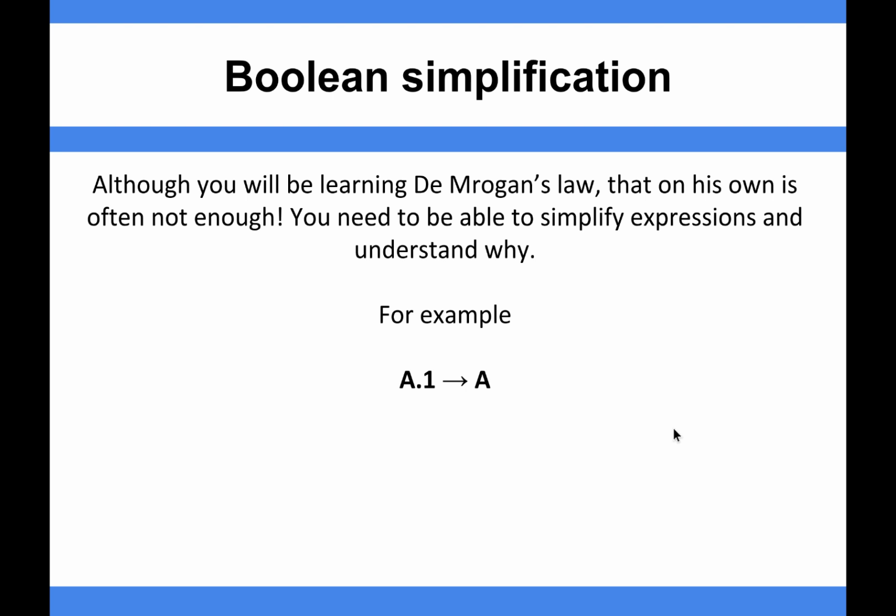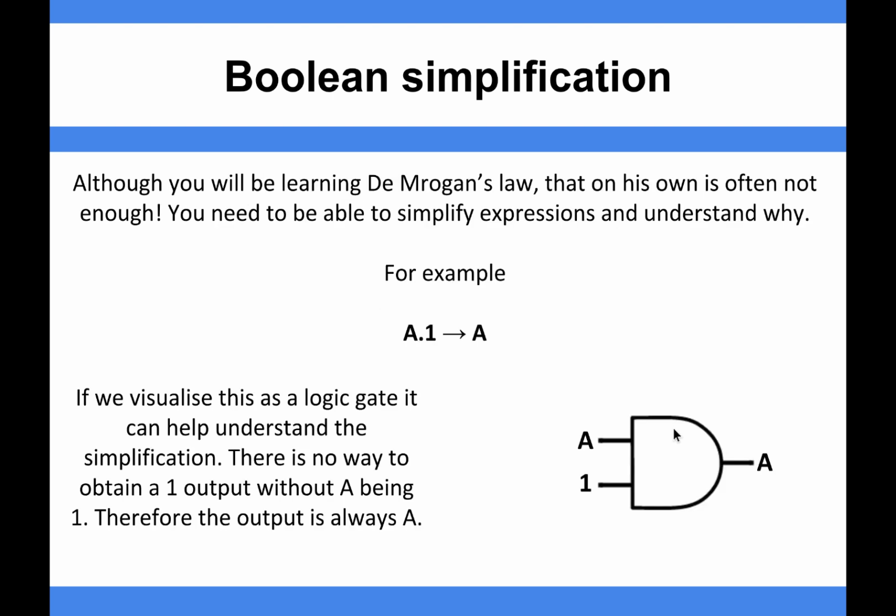So one example is A dot 1. So A and 1 is the same as saying A. Now, the reason for that is you can simplify A and 1 down to A. To truly understand the reason, you need to view it as the logic circuit that it's representing. So if you think here, we've got A and 1. As we know with an AND gate, both of these inputs have to be true to produce an output here.